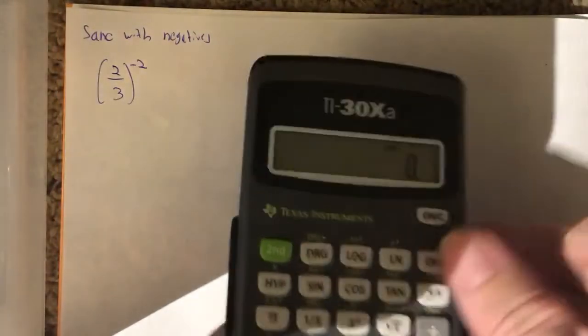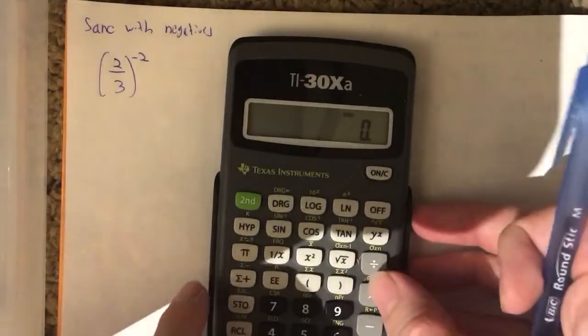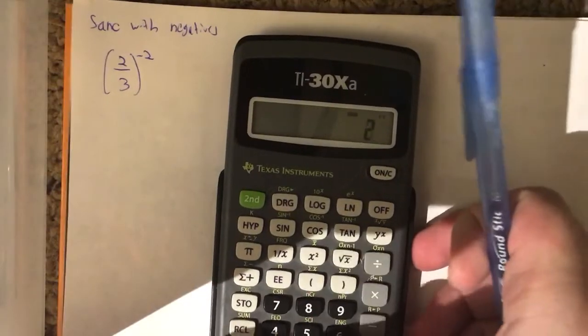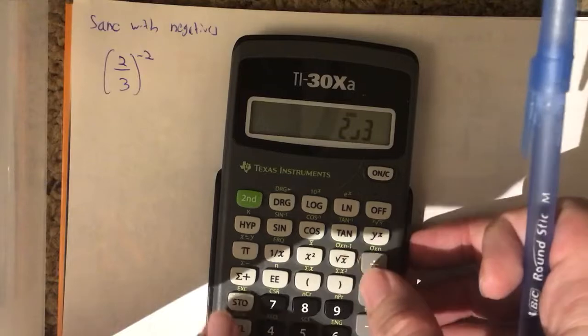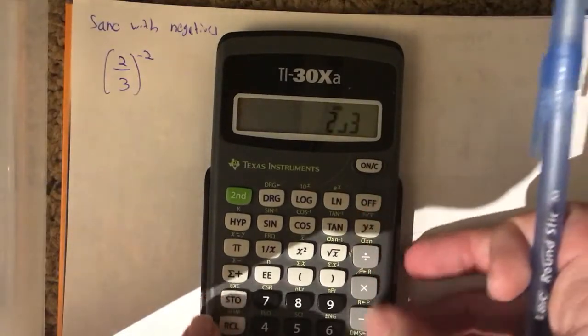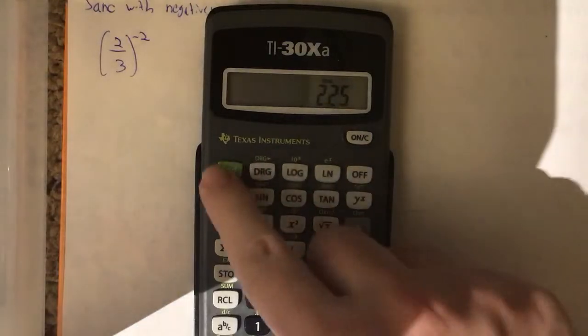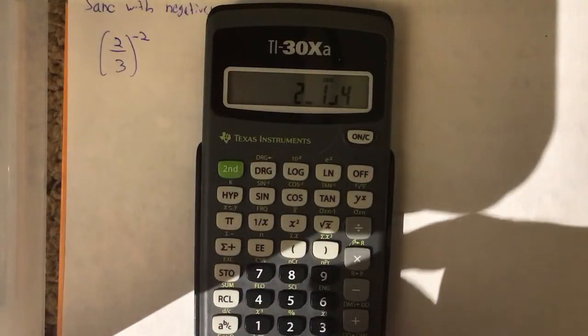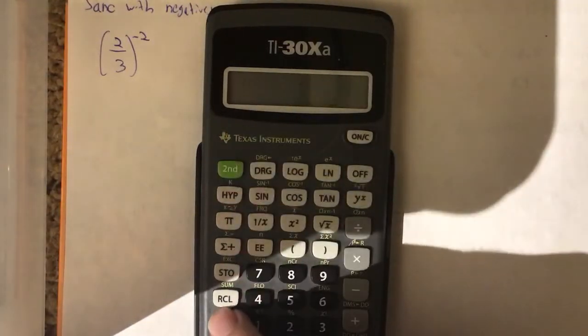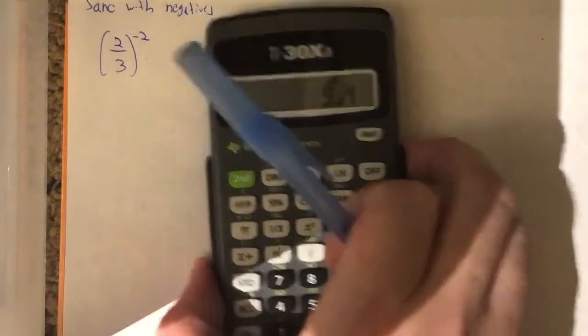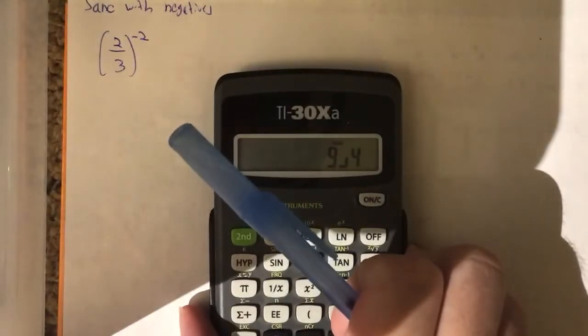So let's just see what that is on the calculator first without doing it. So let's put in 2/3, close the parentheses, and then I raise it to the negative 2. I'm going to get 2.25, and as a fraction, that's 2 1/4, and as an improper fraction, 9 over 4. So we should get 9 over 4 as our answer at the end.